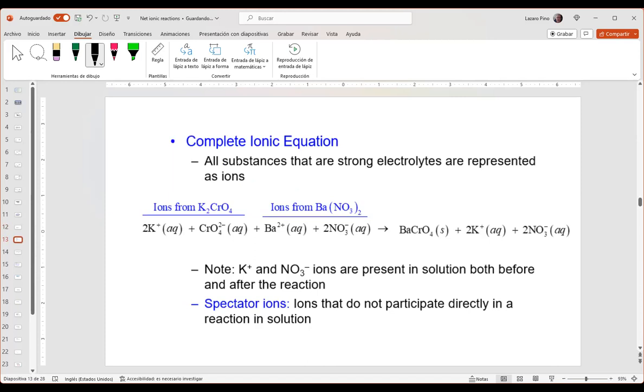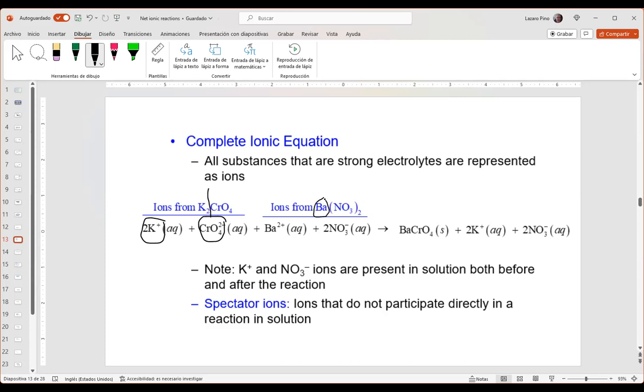The ionic equation is when you divide the compounds into ions. Here you have 2 potassium positive, and here you have the chromate ion. Here you have barium.